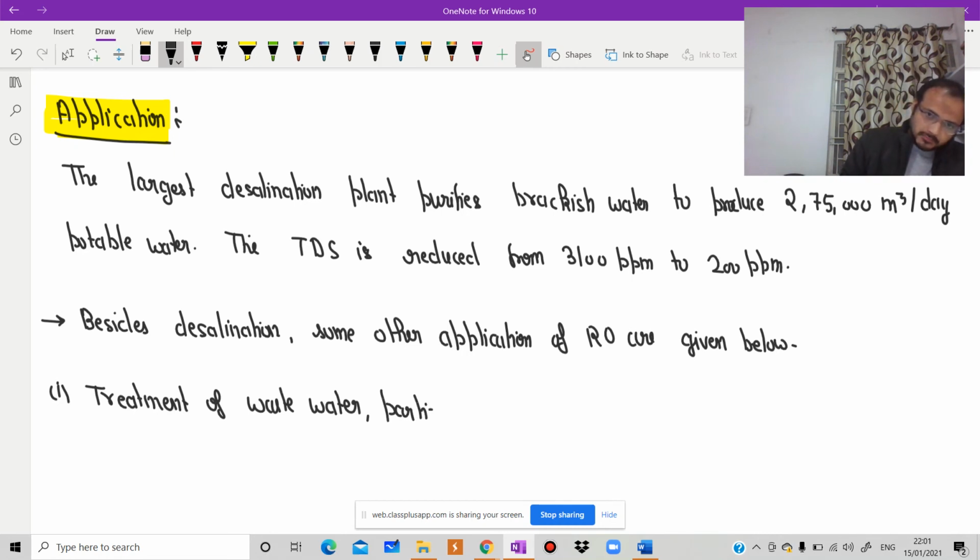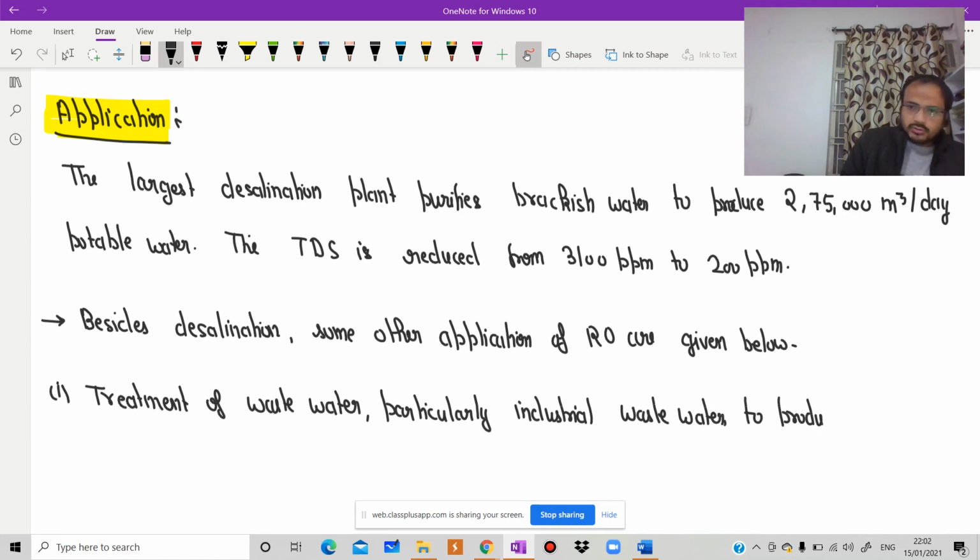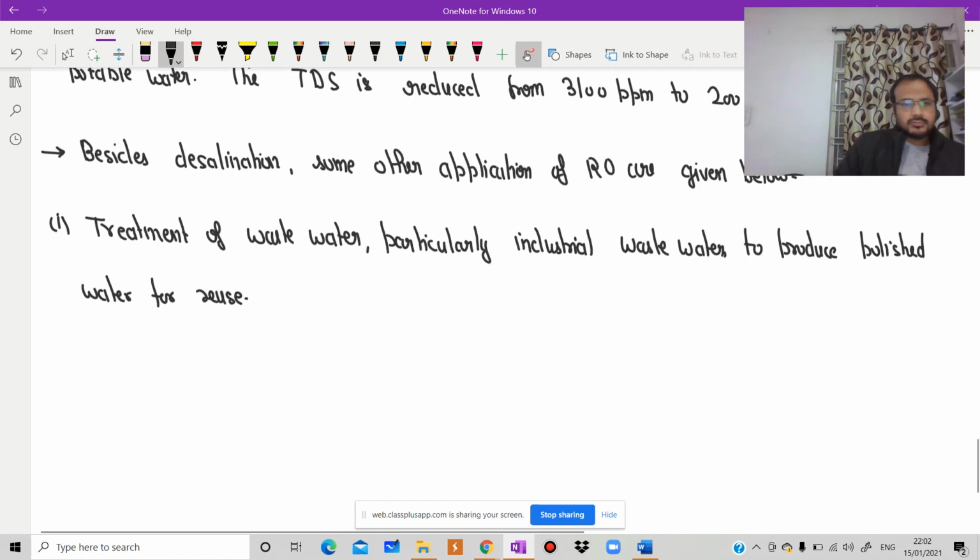Particularly industrial wastewater to produce polished water for reuse.